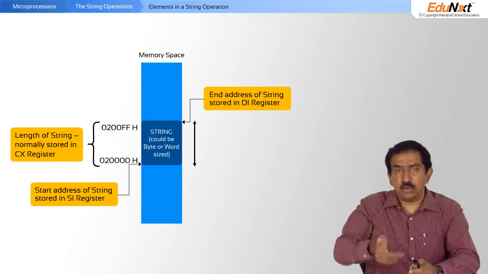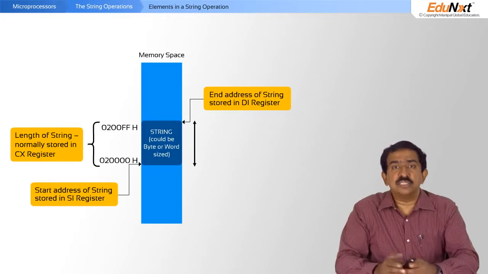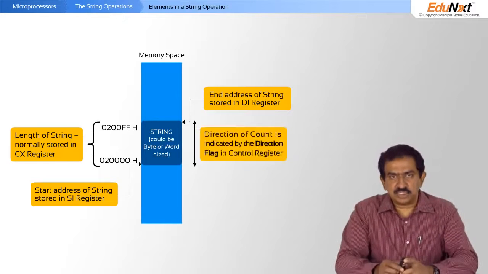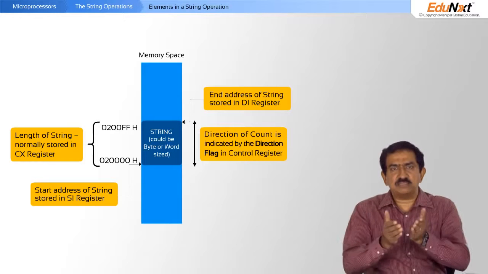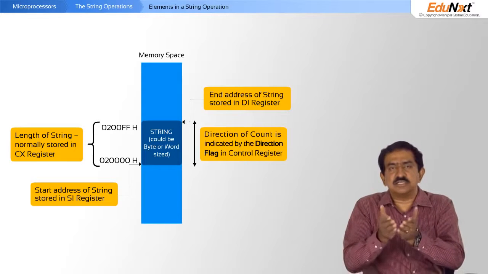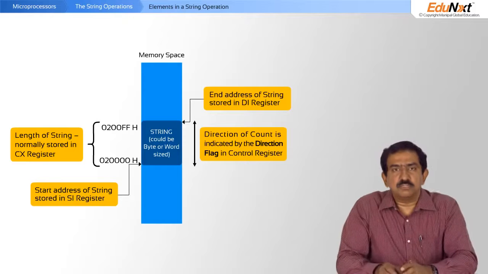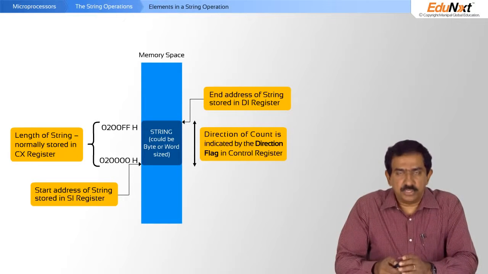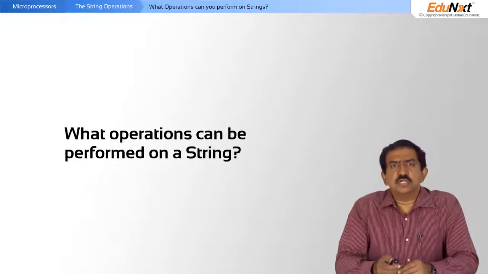So you can go up and down in the string, and to tell the processor what direction you're going to use, you use something called a direction flag. The direction flag is a bit within the processor that indicates what direction the count is going, upwards or downwards.